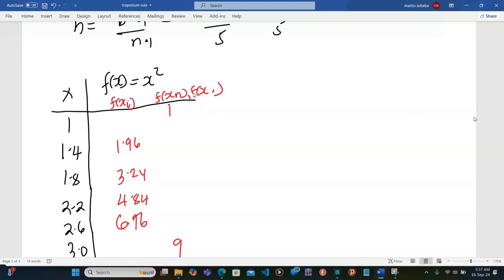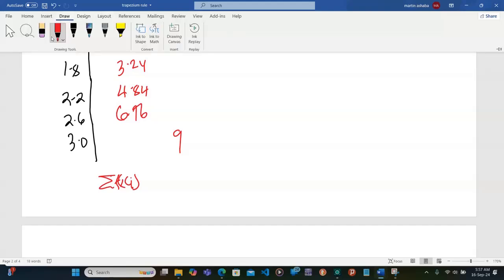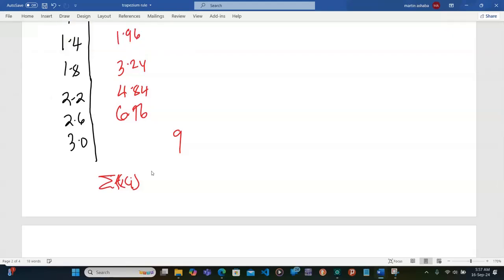What we do is we sum f of xi: 1.96 plus 3.24 plus 4.84 plus 6.76, and this gives us 16.8.